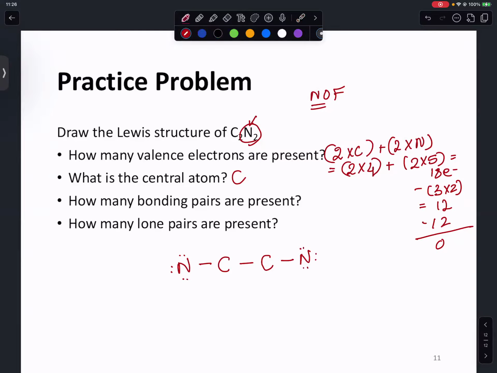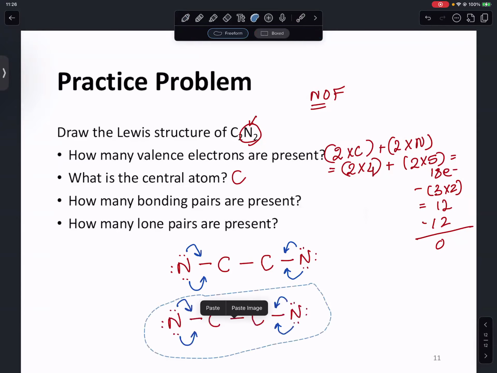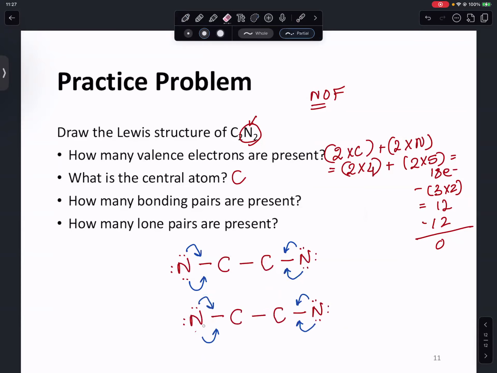So in this case, what's going to happen is each nitrogen is going to donate 2 lone pairs to form bonds. So in this case, it becomes the structure. All right, so it becomes a triple bond.